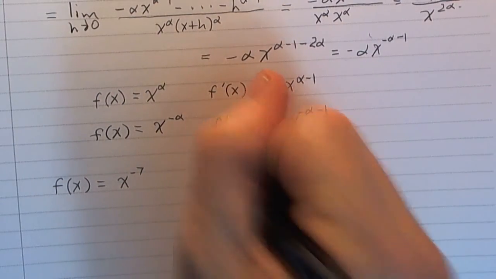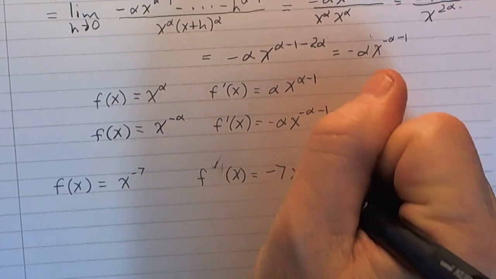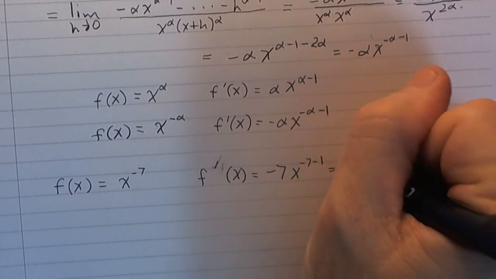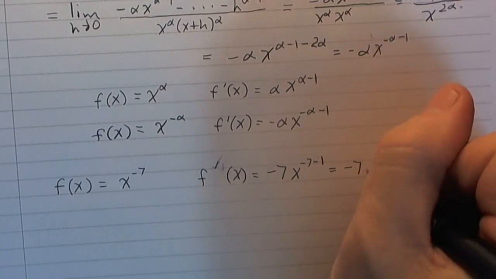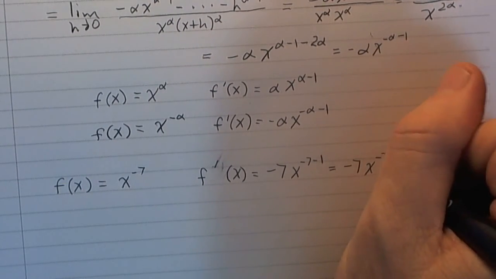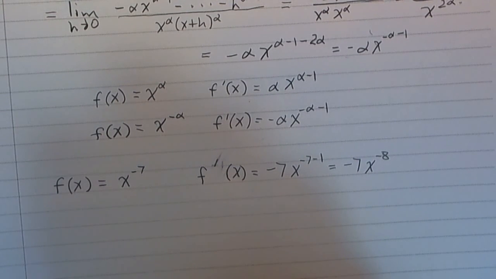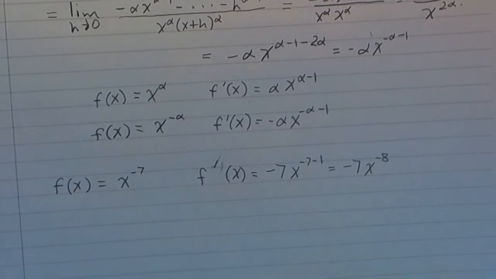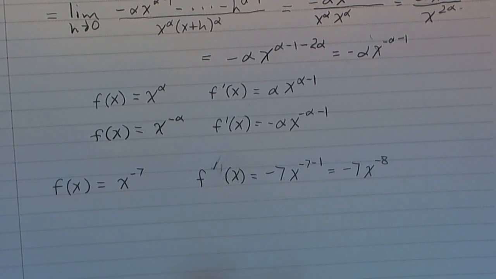F prime of x would be negative 7x to the negative 7 minus 1. Now, you have to be careful. The tendency might be to add this and call this a negative 6. But no, this is a negative 8, right? See? Negative 7 minus 1. So there's my derivative right there. So this is the power rule even if you have x raised to some negative integer power.